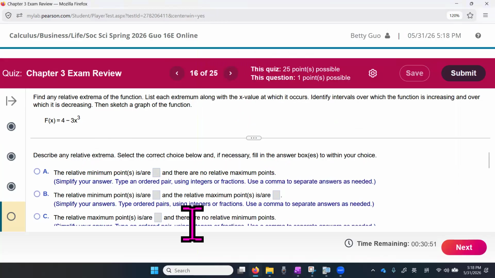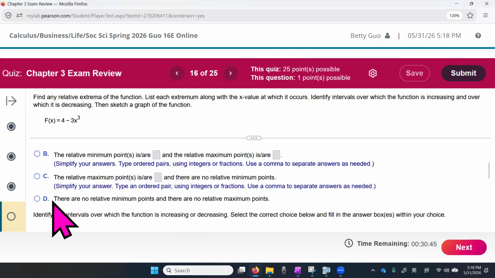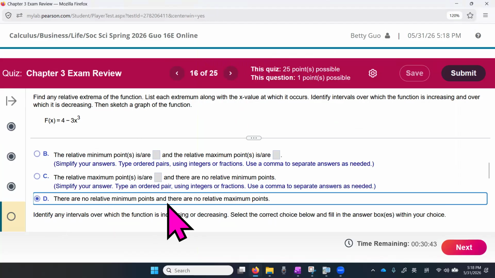All right, let's see if we can choose the correct answer here. It does not have relative extrema.